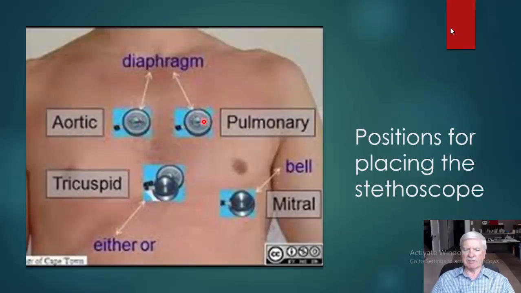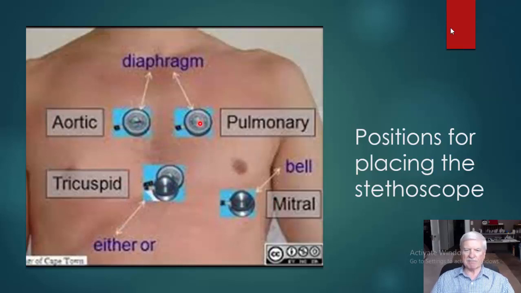See, she was over there in the pulmonary semilunar valve location. She's listening right there. The aortic semilunar valve is up here. You want to hear the tricuspid, it's over here, and you want to hear the mitral, it's over here. The tricuspid and the mitral seem right because this is toward the right side and this is toward the left side.